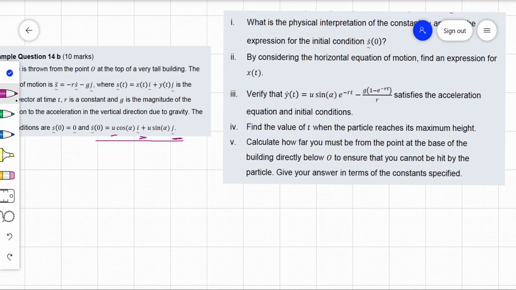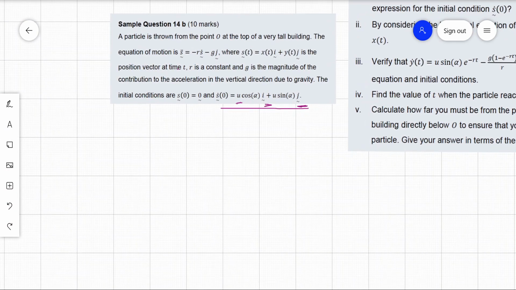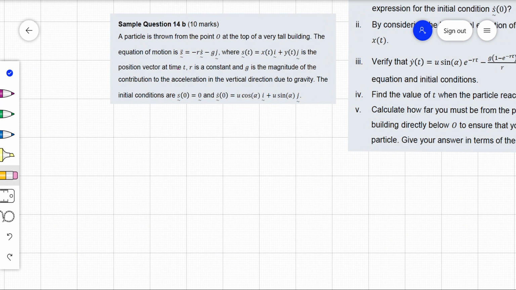I can see that we've got some gravity happening in that bit, but we've also got some resistance, and it's proportional to velocity, so it's a linear drag that we're dealing with here.